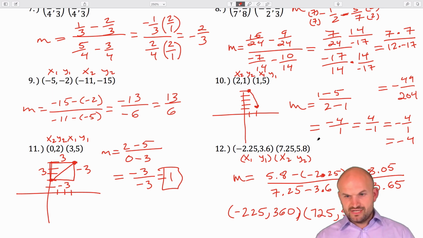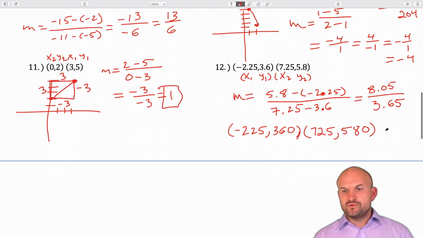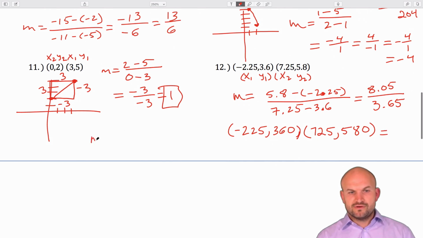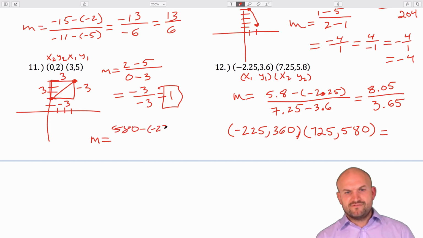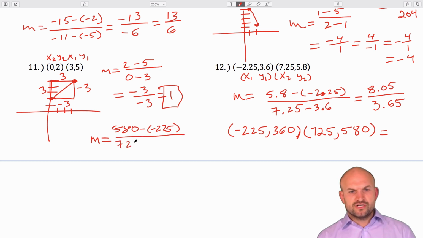So actually, let's write in that slope here. When you do y2 minus y1, so m equals 580 minus 225 all over 725. No, crap.